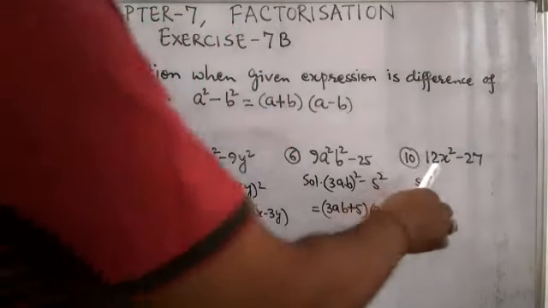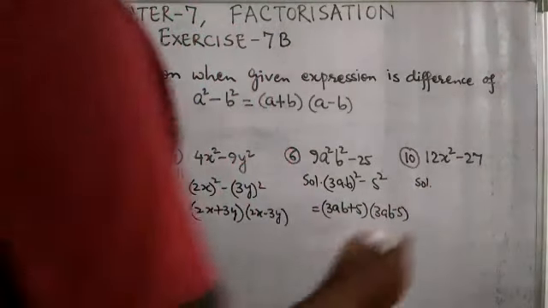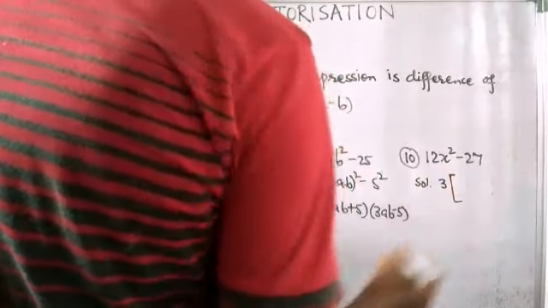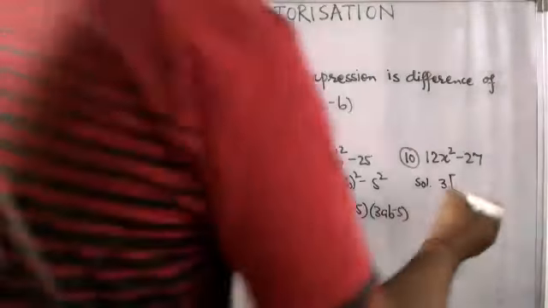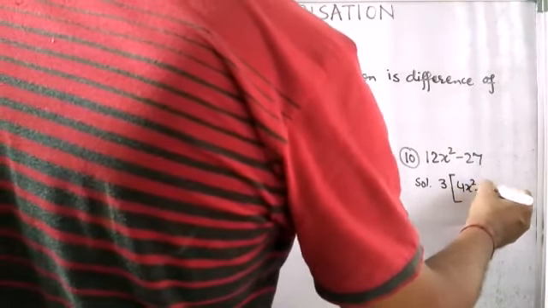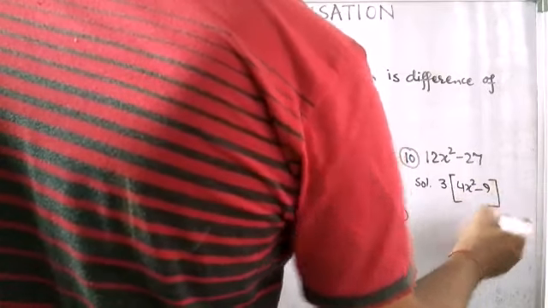In the next question, question number 10, first of all, we have to find its highest common factor, that is 3. Now, the rest of the quotient is put inside the bracket, that is 4x square minus 9.